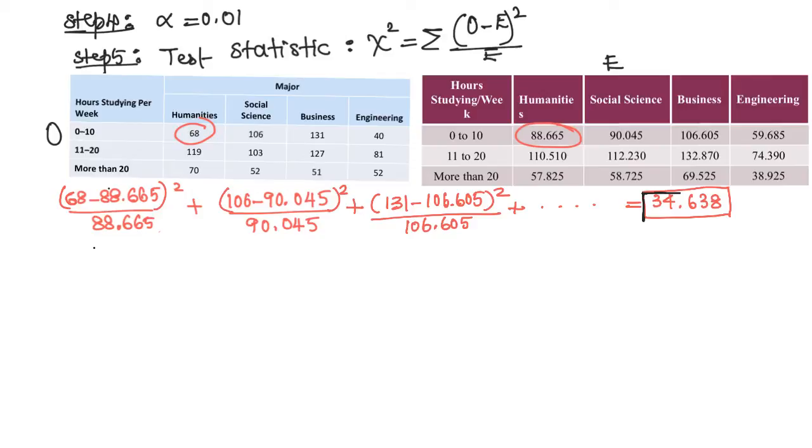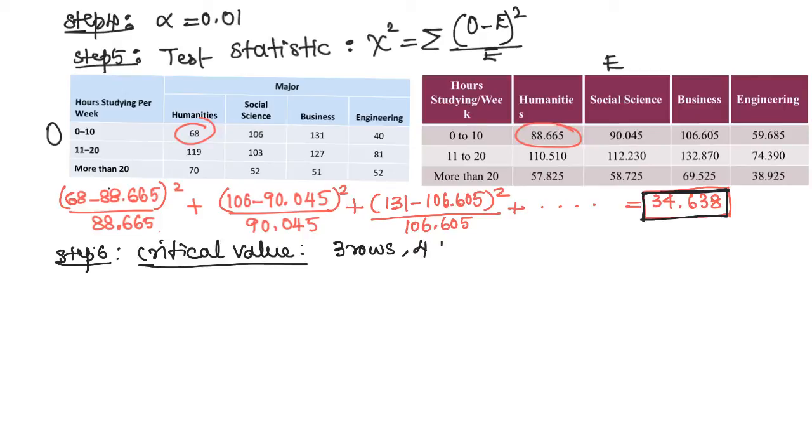So you can find that test statistic is 34.638. Now find the critical value. So we have 3 rows and 4 columns.